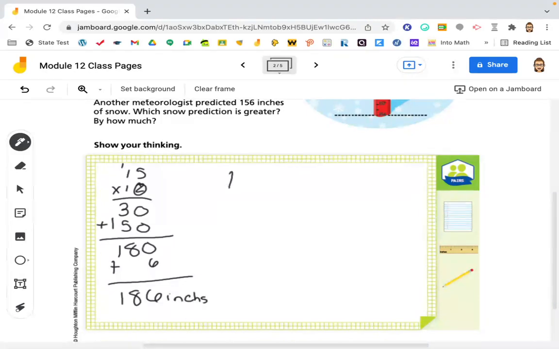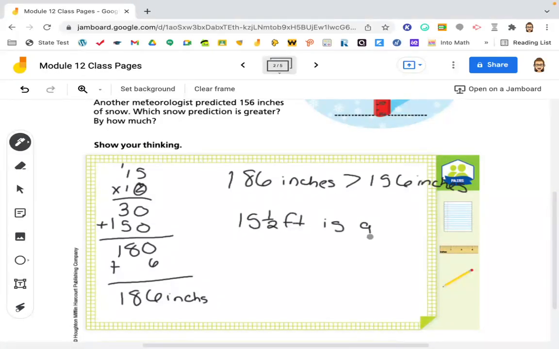And 186 inches is greater than 156 inches. So 15.5 feet is greater than 156 inches.